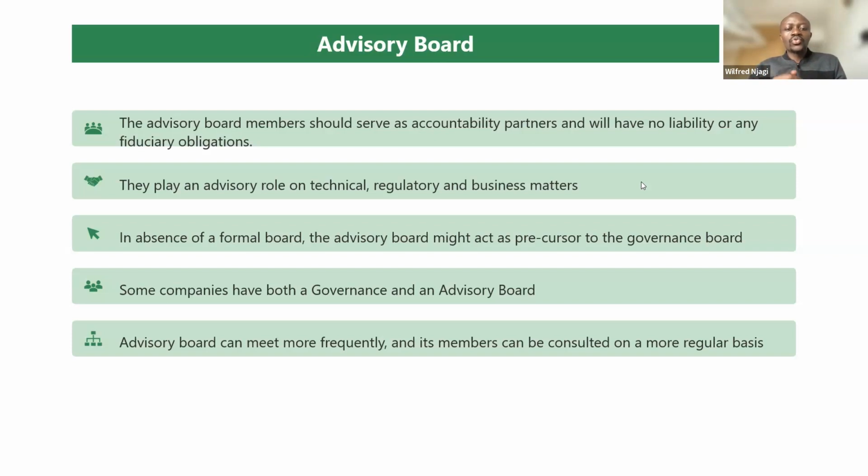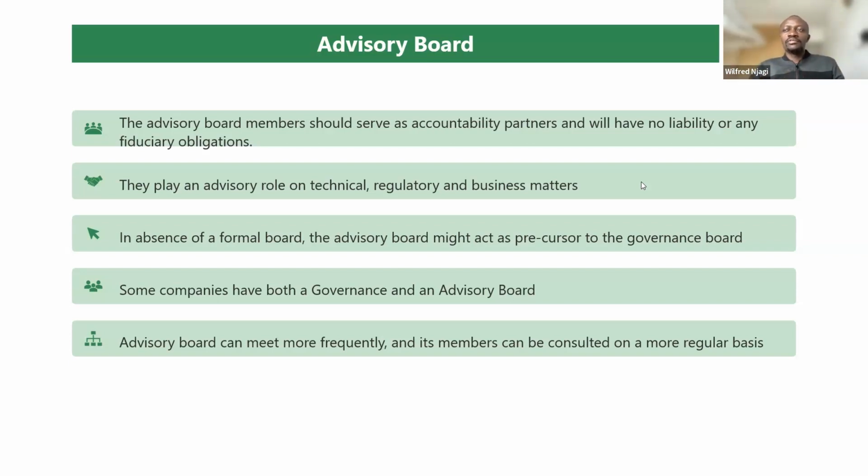Some companies will choose to have both a governance and an advisory board. With an advisory board, you can reach out to them more than once a quarter, right? These are people you can get on a phone with even more regularly. With a governance board, you have a bit of a distance. For a governance board to function very well, you don't want them to be too involved in your day-to-day affairs.